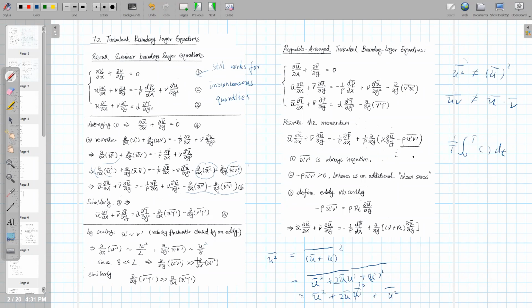And remember that our basic boundary layer assumption we made in chapter 2 is that the boundary layer is very thin, which means that this delta will be much smaller than this plate length L. Okay, delta smaller than L. This is the fundamental assumption we made in the laminar boundary layer theory. So if you compare these 2 terms, we can see that this partial Y of U prime V prime will be much larger than this partial X of U prime square. So basically this term can be approximated to 0.